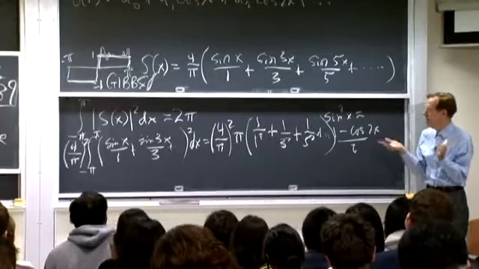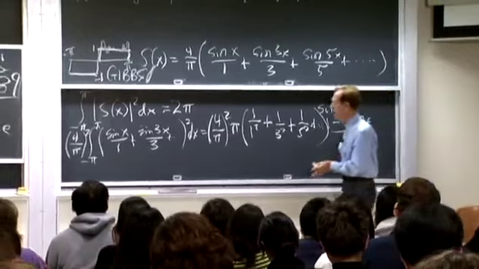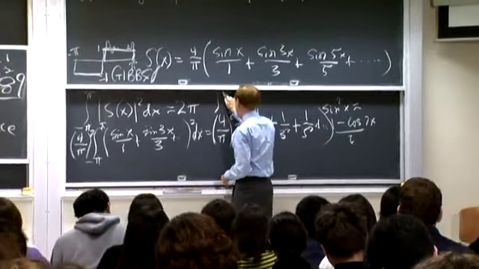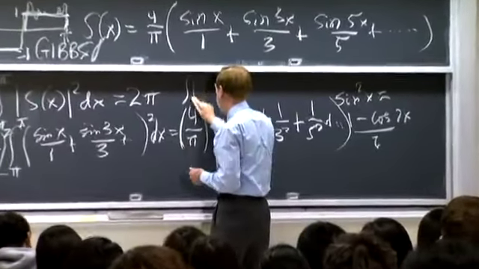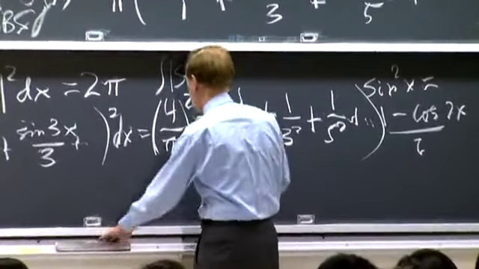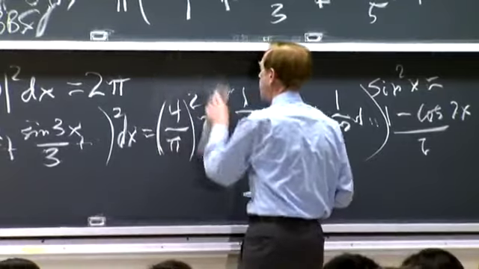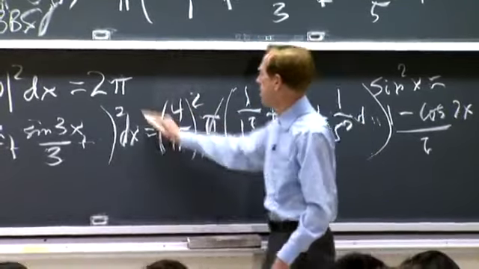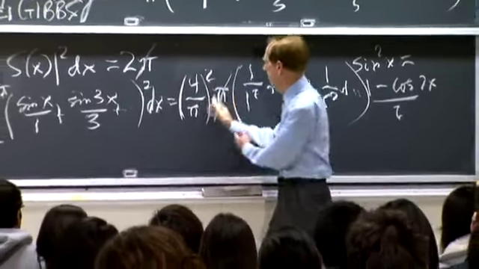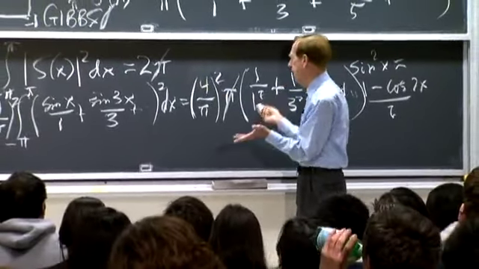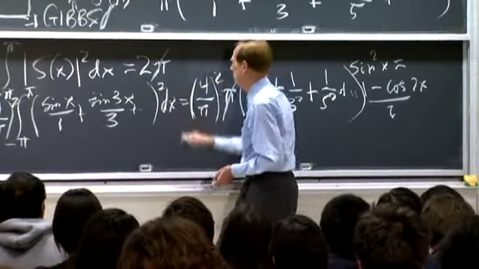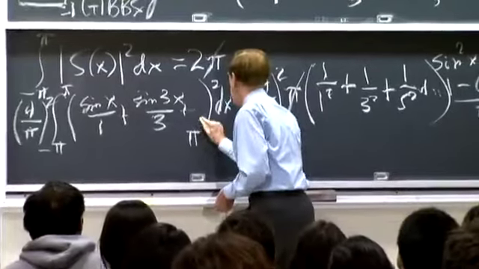And that's going to be the fact in general, that the integral of s of x squared equals the sum of the squared coefficients. Well, I'll write it down below. But let's just see what we get for numbers here. So I had pi on both sides. And so if I lift that over there, I get something like, what do I have? Pi squared over 16. Maybe I have pi squared over 8.